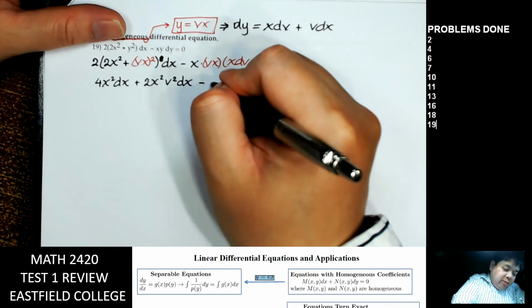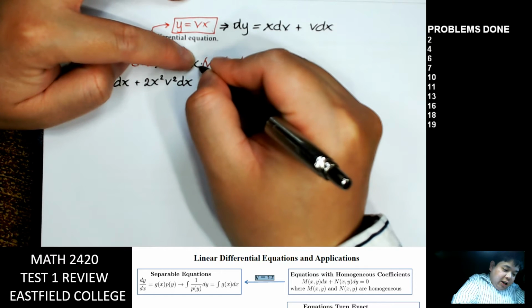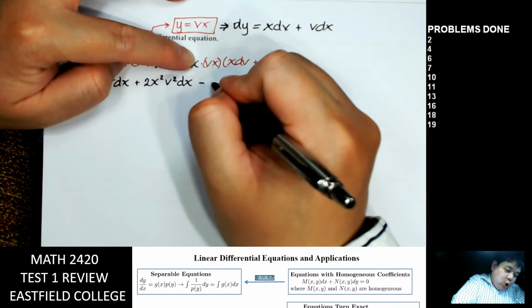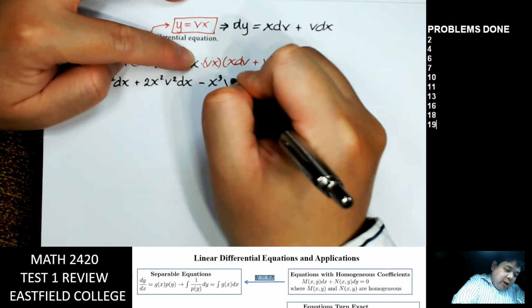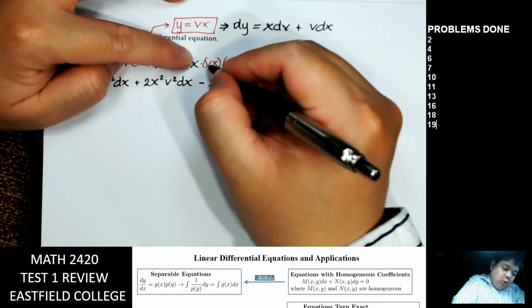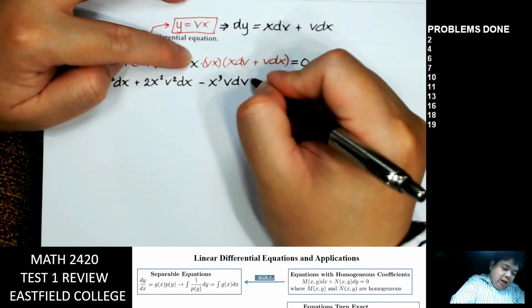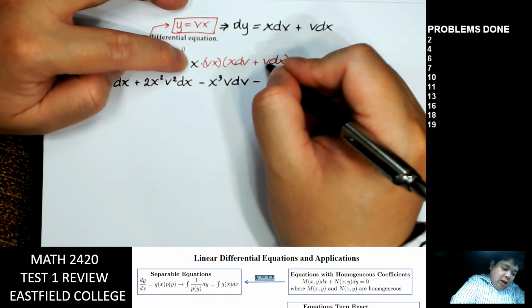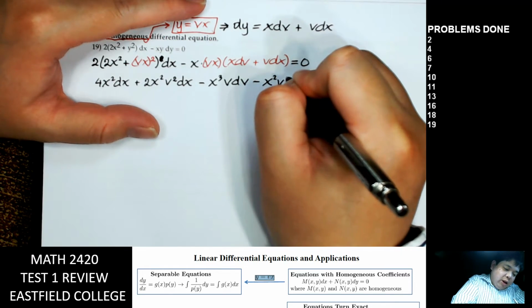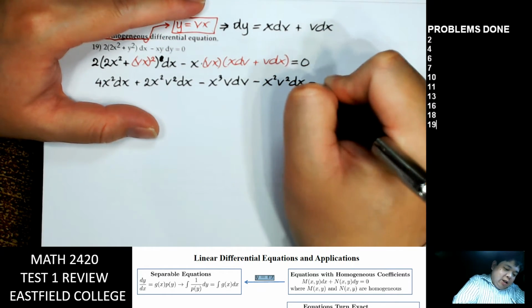And then this gives us x times x cubed v dv, so 3x cubed v dv, and then minus x cubed v squared dx equal to 0.